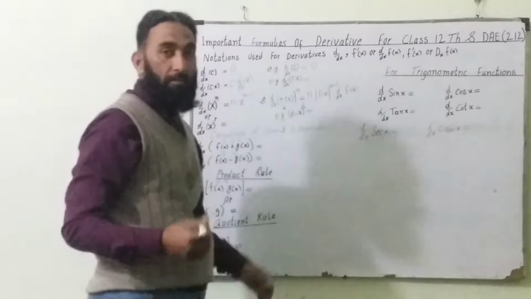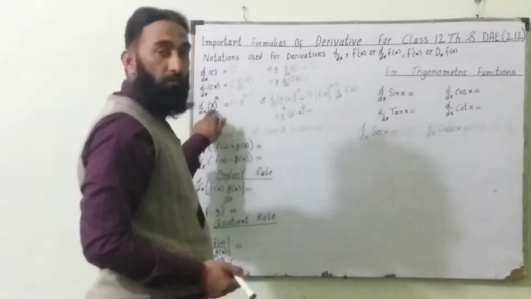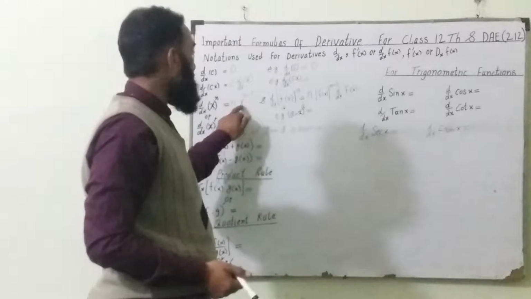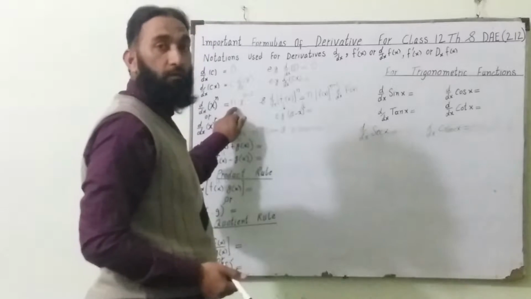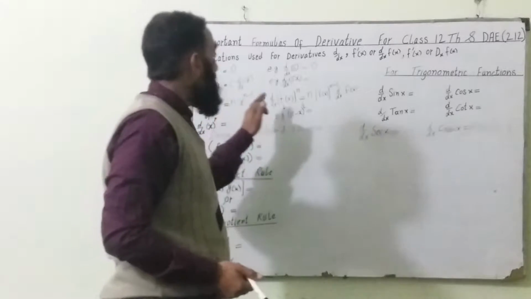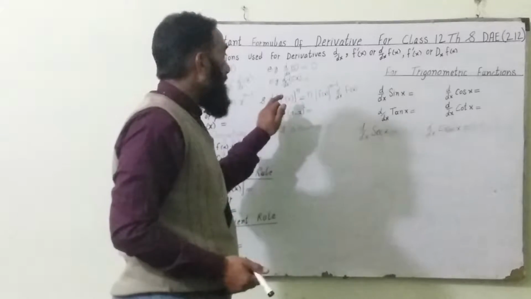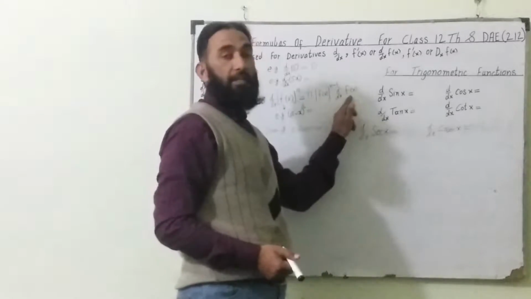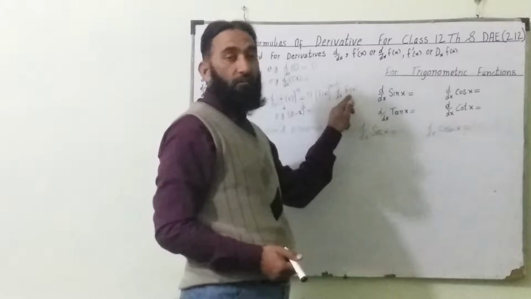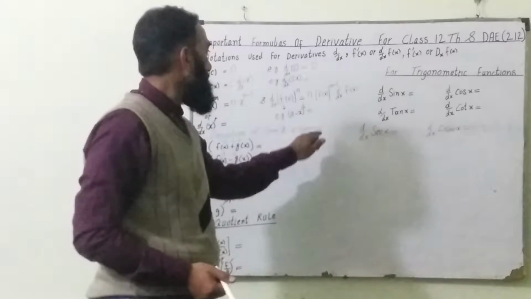Here is a little bit of difference: if there is a simple x, we just write n x to the power n minus 1, with n before the x. And here is another, that f of x is the function.